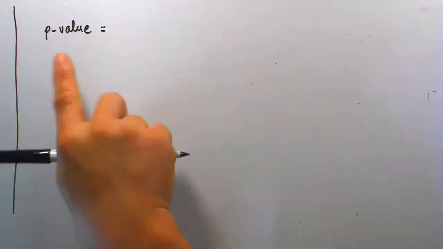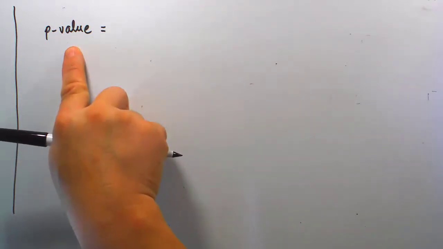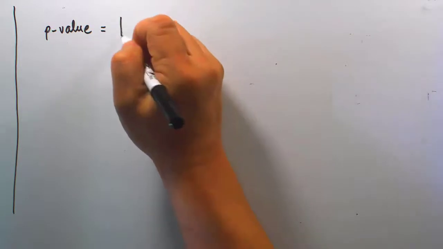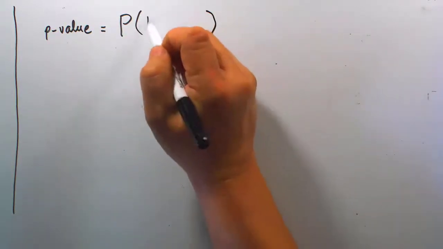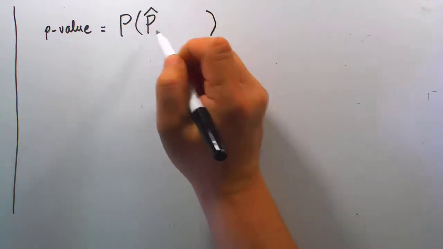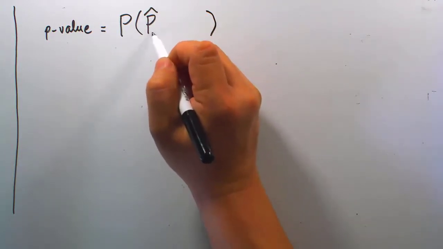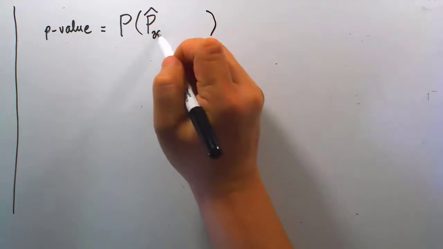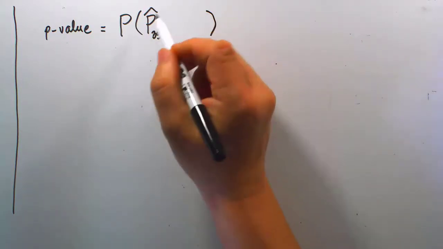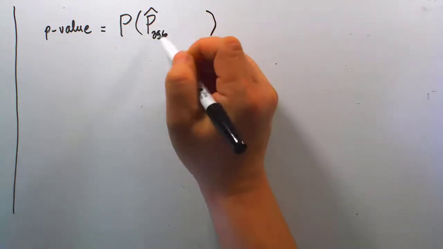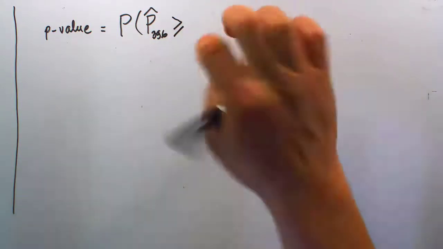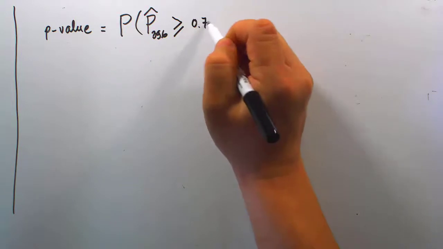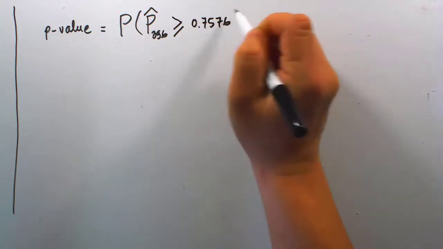And so the p-value, as a mathematical setup, is the probability where we're looking among all sample proportions of size 396 for the sample proportion value being greater than or equal to 0.7576.